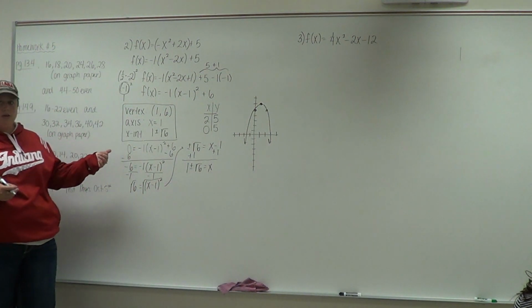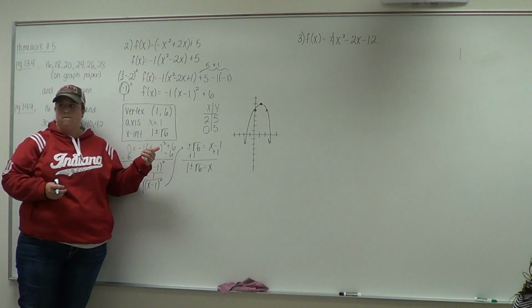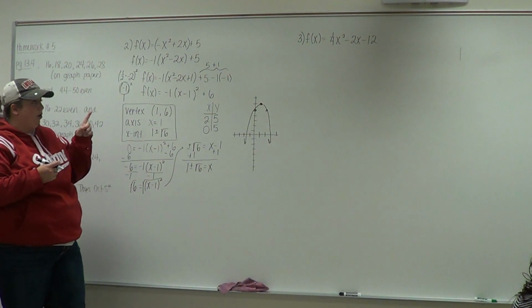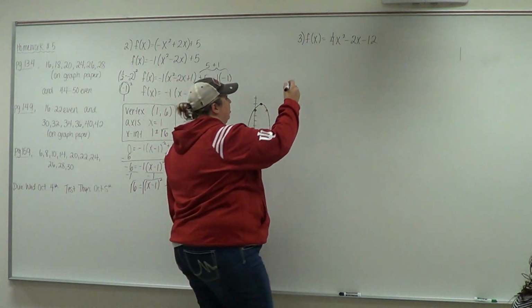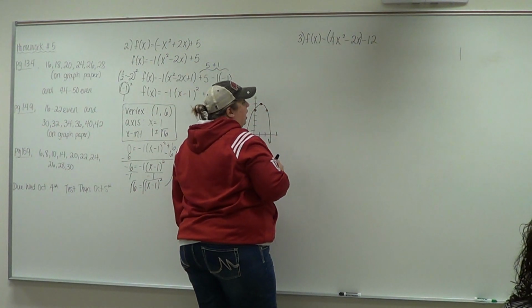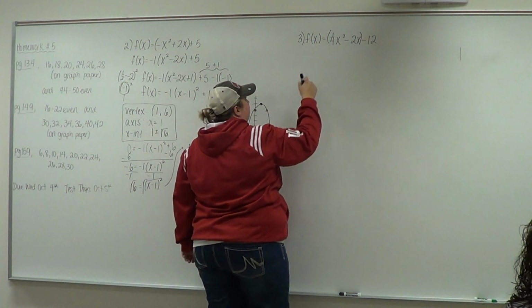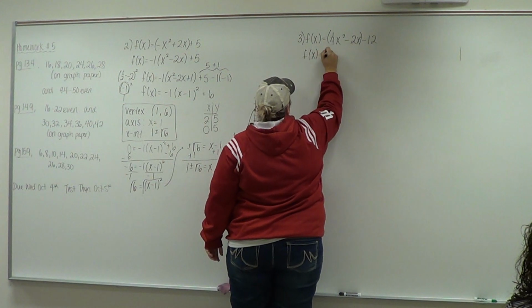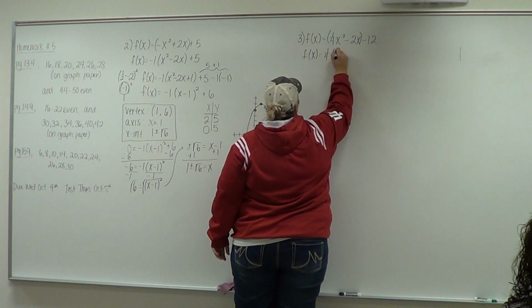Alright, is everybody good on this one? Yeah? Okay, so we're going to do the same steps. So first step is you group the first two together. And I want to factor out a. So my number in front is 1/4. So I'm going to factor out 1/4.